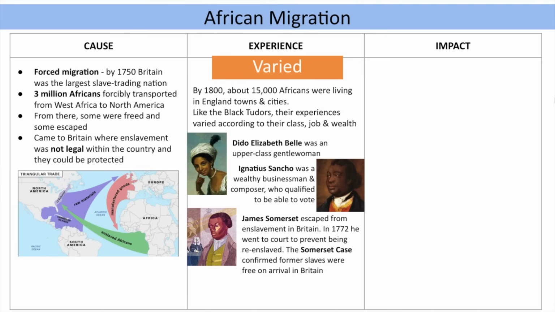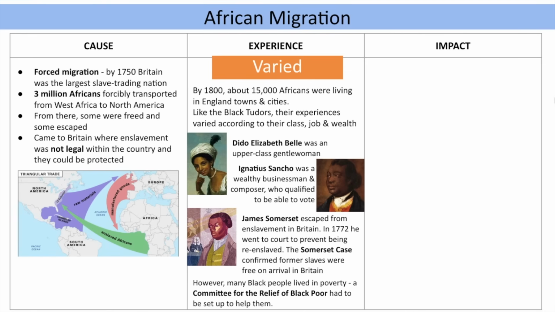And he takes this case to court with the help of some abolitionists, and the judge in the court case decides, or he confirms, that enslaved people are free on arrival in Britain, and that James Somerset was a completely free man. So that is an example of that positive experience compared to where they've come from, and it also links to the causes of migration, because that Somerset case confirmed that Britain would be a place of freedom for enslaved people.